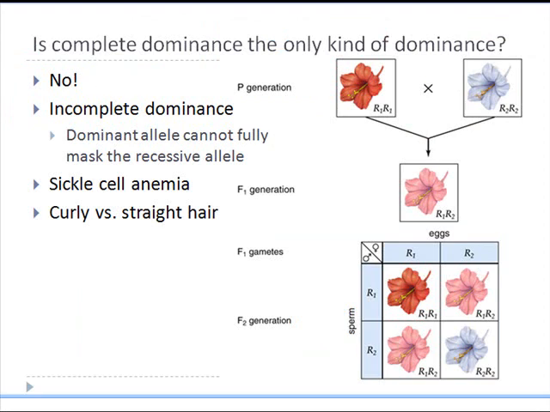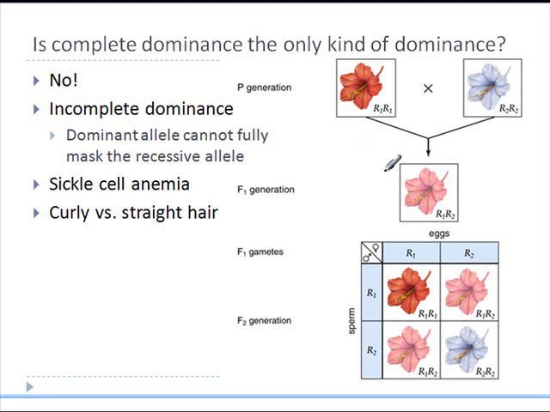Incomplete dominance, as the name tells you, is about a dominant allele that cannot be fully masked by the recessive allele. For example, incomplete dominance can be exhibited when you have a red flower crossed with a white flower, and instead of having all the dominant feature, whether it's red or white, you have an intermediate feature, which is the pink flower.